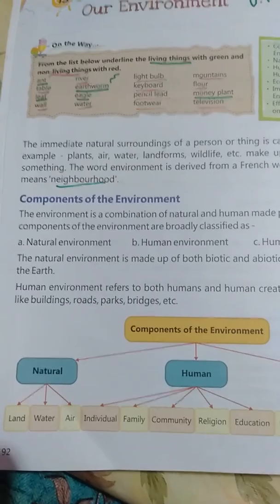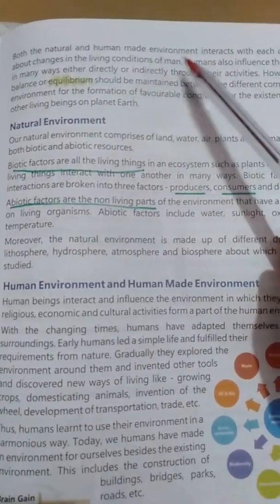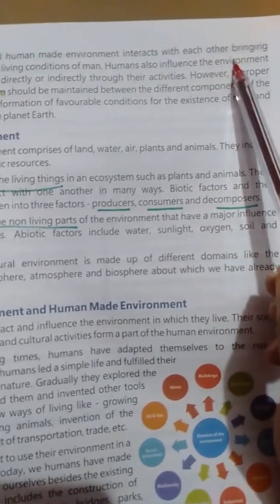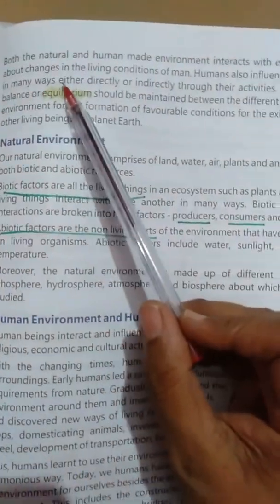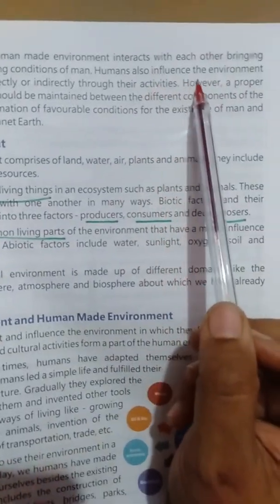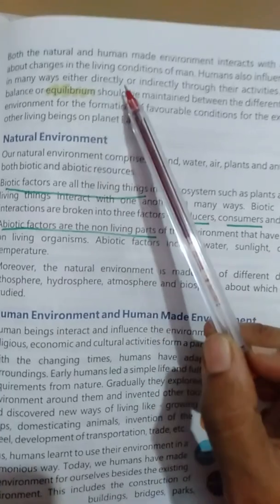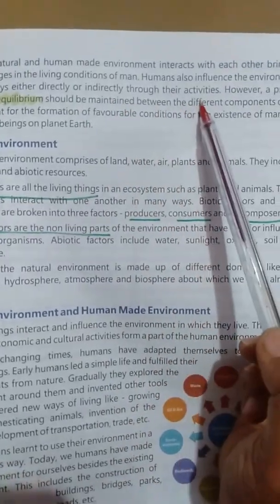So let's read more about that. Both the natural and human-made environment interact with each other, bringing about changes in the living conditions of man. Humans also influence the environment in many ways, either directly or indirectly through their activities.